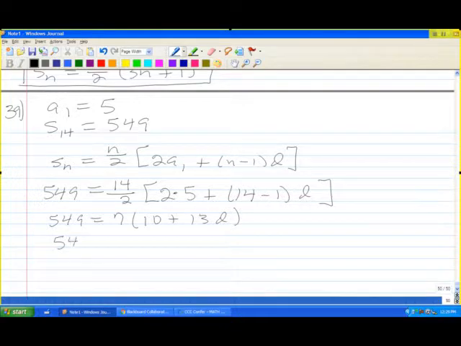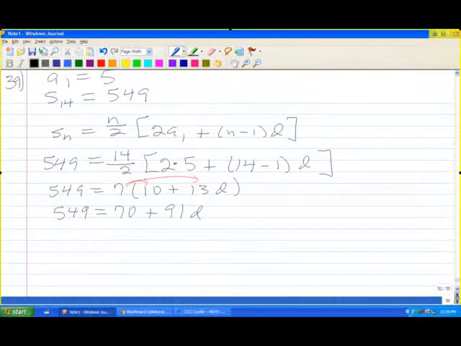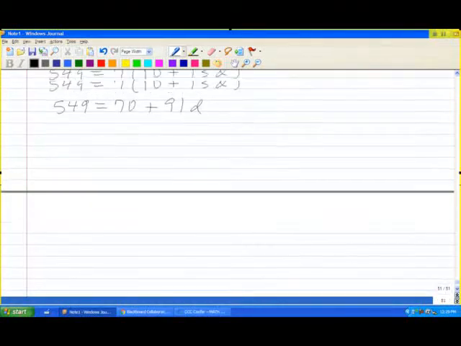And so let me multiply 7 inside the parentheses. And so I get that 7 times 10 is 70, 7 times 13 is 91 D, is equal to 549.